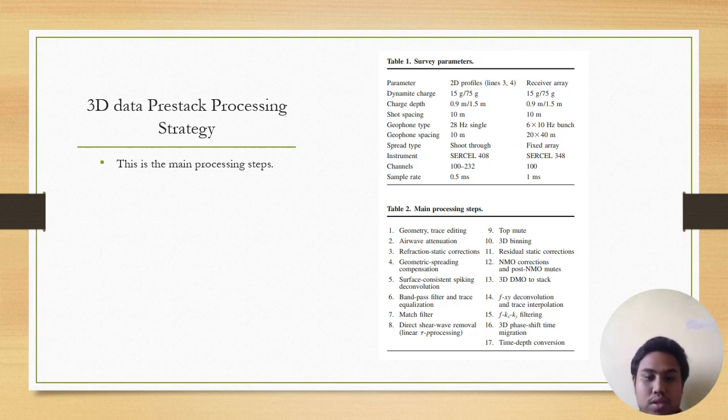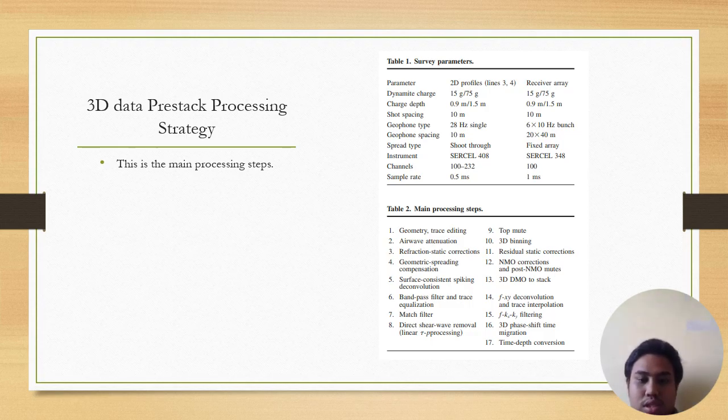The dynamite charge is 15 grams for each, and the charge depth is 0.9 meters for each also. Shot spacing is the same at 10 meters, with geophone type 20 Hz for the 2D and 6 times 10 Hz for the 3D.